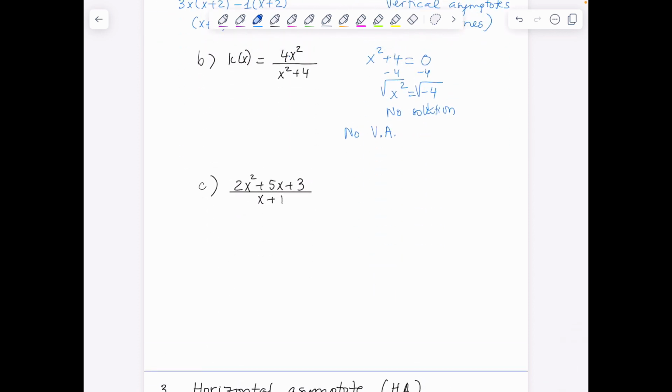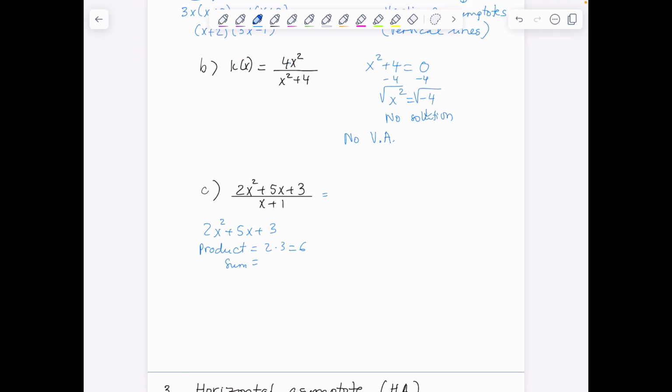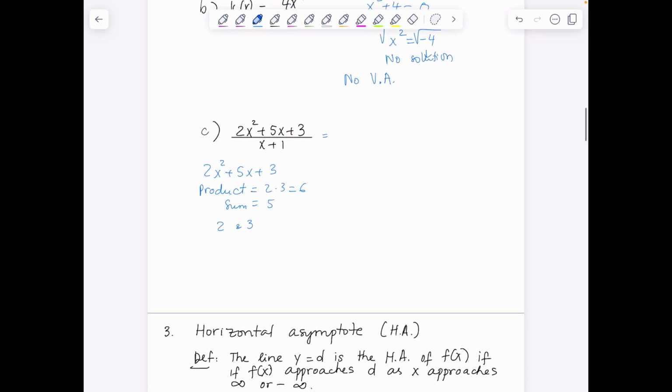Next example, we have the numerator is 2x squared plus 5x plus 3. Let's see if we can factor that one using the AC method. So product equals A times C, which is 2 times 3, and that's 6. Sum is equal to B, which is 5. So the two numbers should be 2 and 3. So rewrite 5x as 2x plus 3x, and then bring down that last term. Factor by grouping.